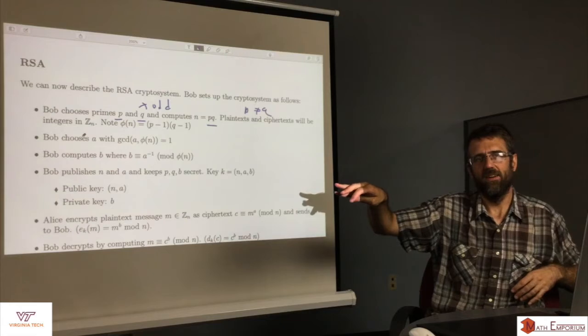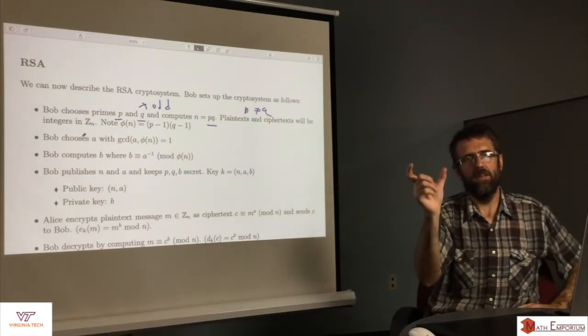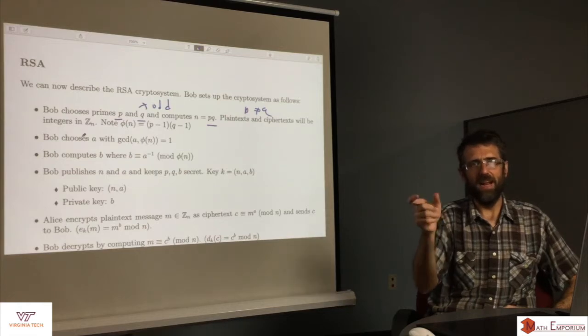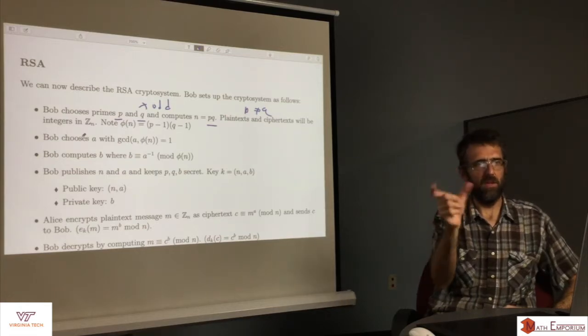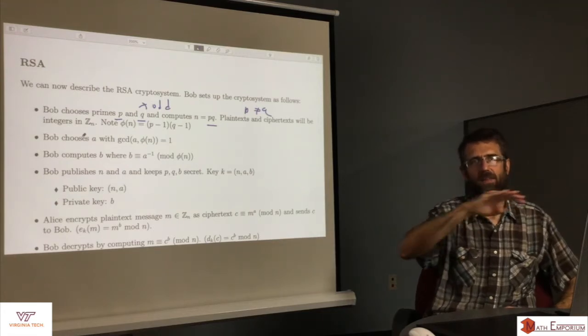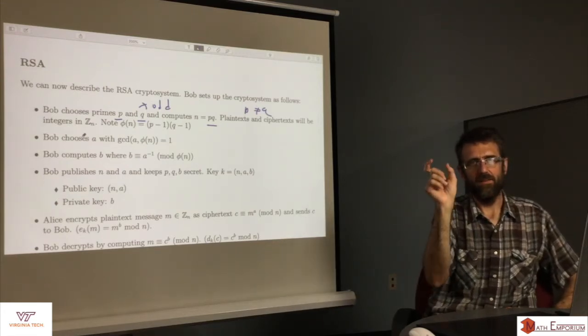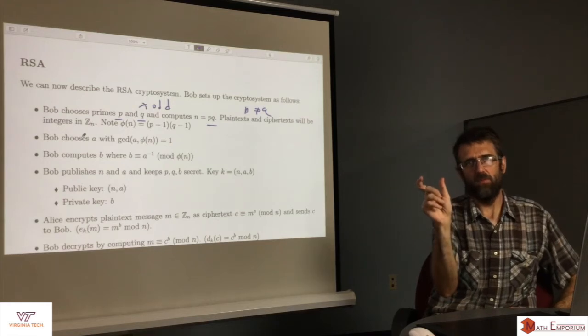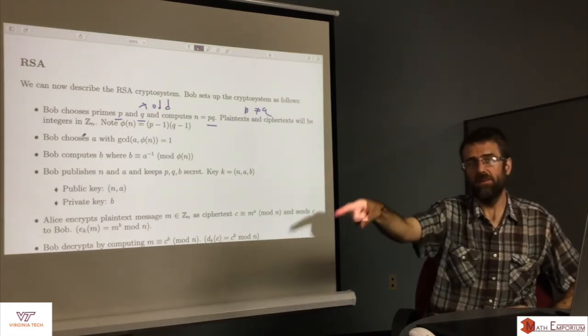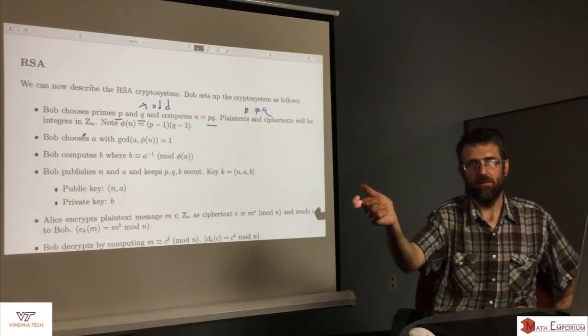a single integer. Another thing that may happen is we may be sending blocks of data. Then we would probably just agree upon a block size, encode any block of data in binary, and the message would just be the corresponding integer whose binary representation is that string of text.